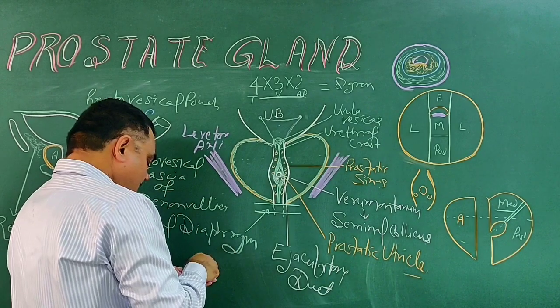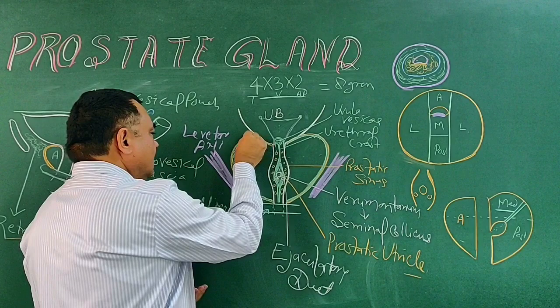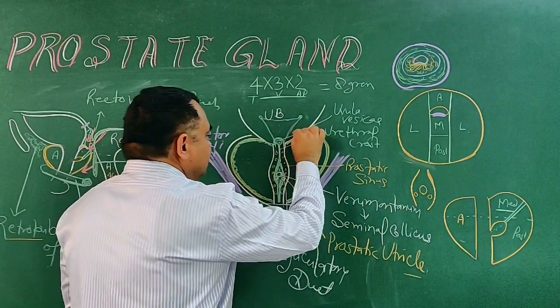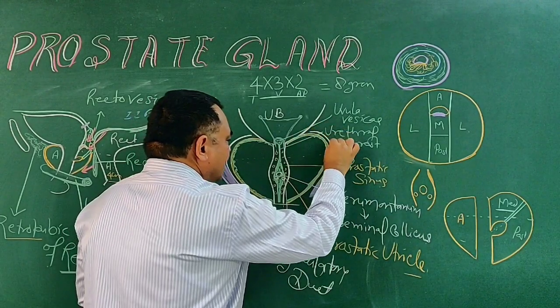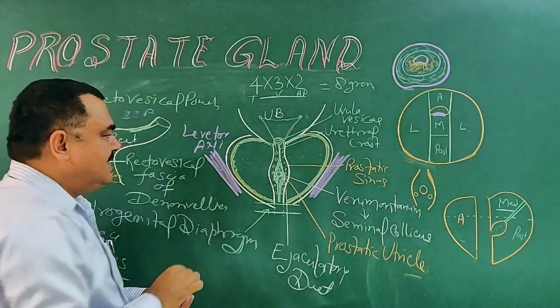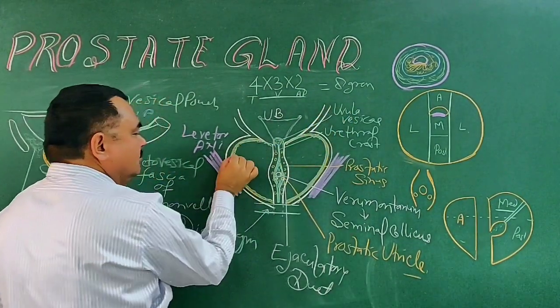And outside of this there is the false capsule, which is formed by pelvic fascia. So this is the false capsule, this is the true capsule.